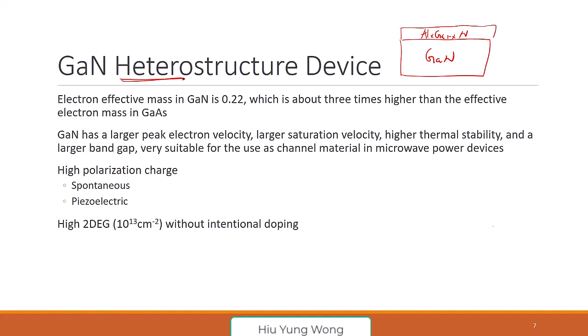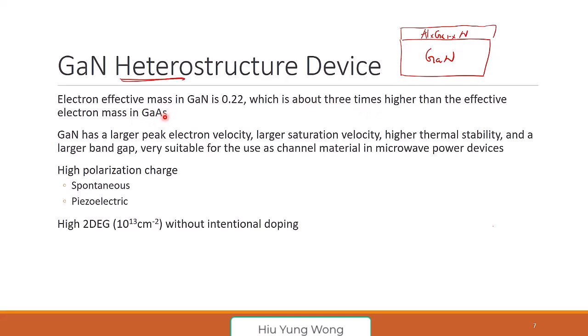So first of all, you can see that I have a change of band gap from top to bottom. And you're also going to confine my electrons. I'm going to show you later, right? But basically, this type of heterostructure has these benefits. First of all, electron effective mass is 0.22. This is higher than gallium arsenide.